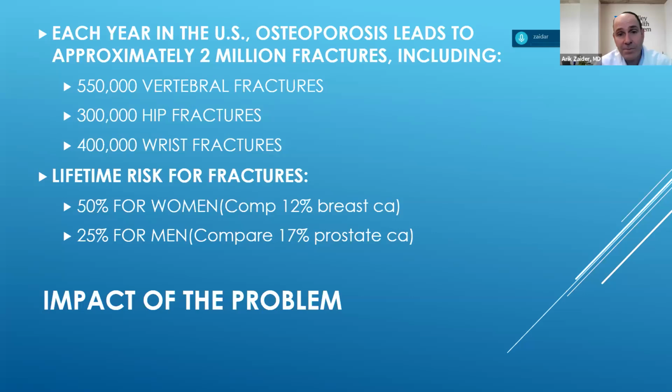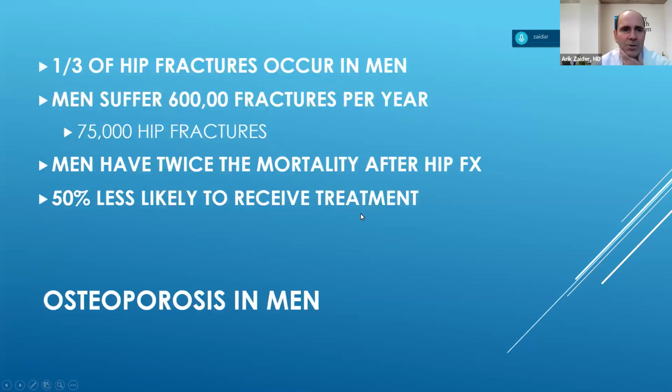The most common are vertebral fractures, which we'll talk about, hip fractures, wrist fractures, and there's some 800,000 additional fractures, which of course can occur in other areas like the ribs, the wrist, or the shoulders. So the lifetime risk for fractures is quite high at this point, based on what we know about osteoporosis and based on how it's treated. And that's why we really want to get it under control.